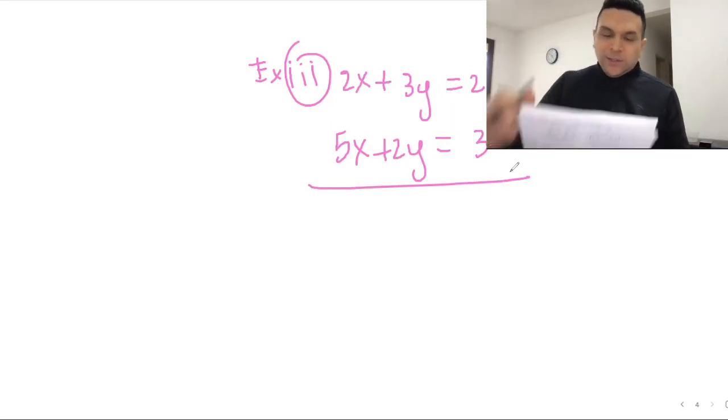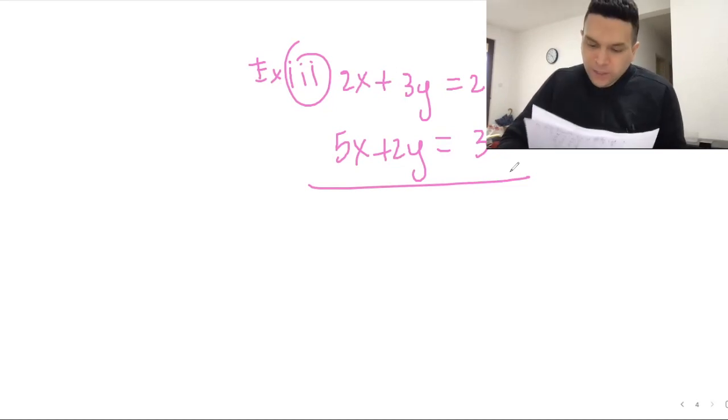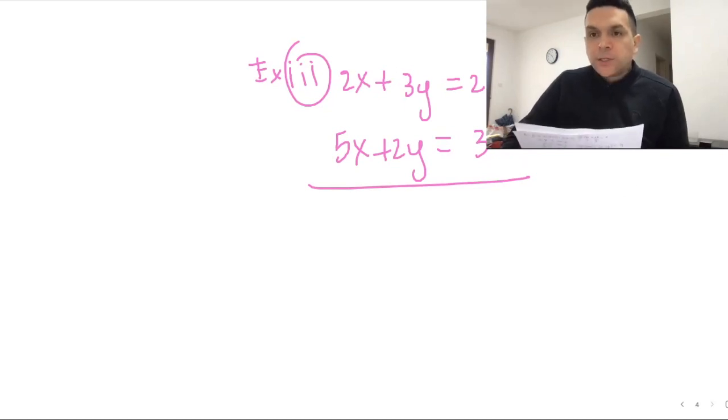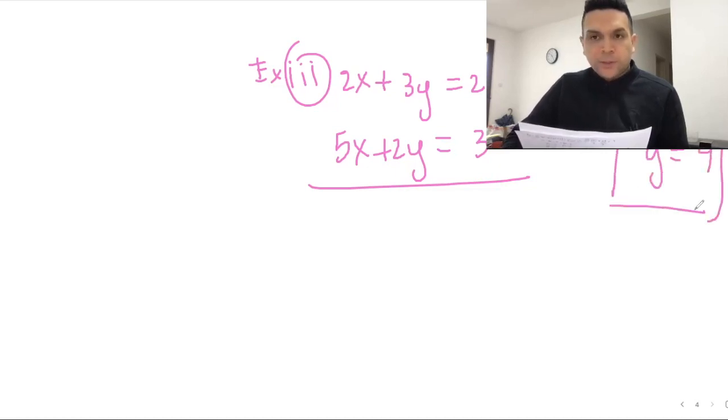In my lecture notes, I did substitution. And I got, let's see, x equals -3 and y equals 9. So let's see if I get the same, right? I should get the same. So this was using substitution.